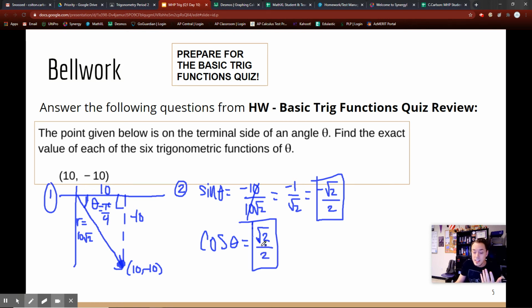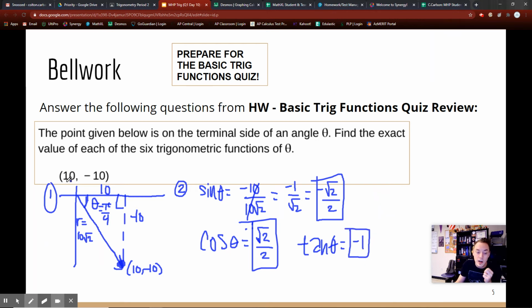Okay, the reason why this is positive and that's negative is because what quadrant are you in? You're in quadrant 4. All Students Take Calculus, C, cosine. So cosine is only positive in the fourth quadrant, so I know that's positive here, and sine is negative there. Tangent. Of course, if I do sine over cosine, negative radical 2 all over 2, all over radical 2 all over 2, then it will become -1.